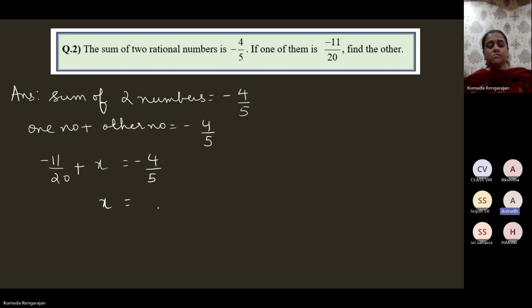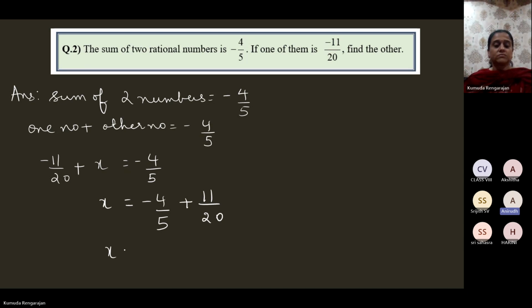Ma'am, minus 4 by 5 minus 11 by 20. Minus 4 by 5, minus 11 by 20. You can directly change the minus to plus. Minus 11 by 20 becomes plus 11 by 20 on the other side.